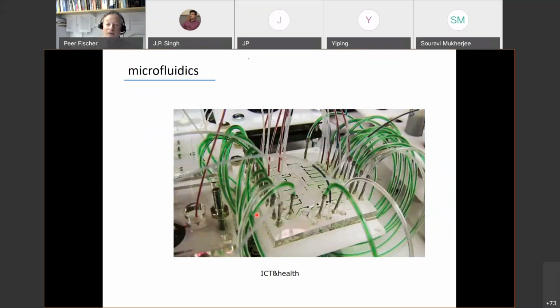And you're all familiar with microfluidics. Microfluidics are typically very nice systems for controlling fluids at small length scales. And what we also need to do is we need to pump the fluid. And so you can see a lot of pipes and connections, and these are auxiliary equipment, pumps that drive the fluid through the microfluidic chip.